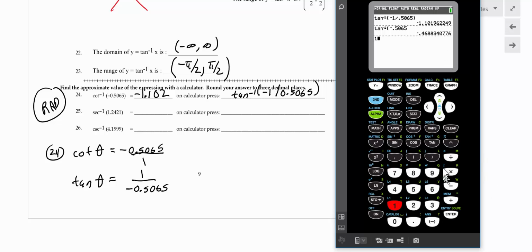So if you did 1 divided by negative 0.4688 and all those decimals, you get something totally different. So never do it that way. Always do inverse tangent of 1 over that number. Don't do the inverse and then take the reciprocal. You've got to do this in the right order. It won't work. That's what students do wrong all the time on that.